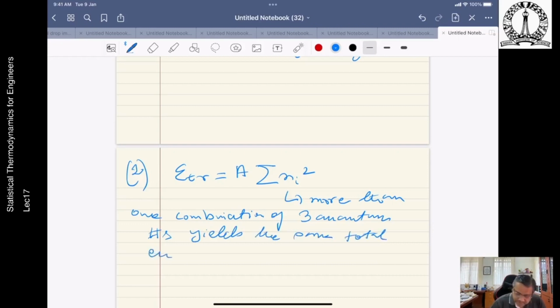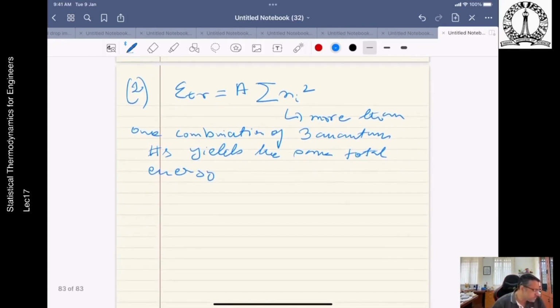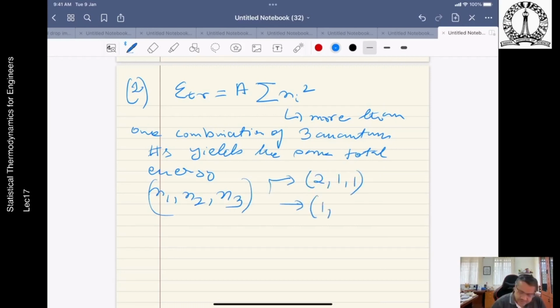As an example, let's assume the triplets n1, n2, n3: 2, 1, 1 and 1, 2, 1 and 1, 1, 2.